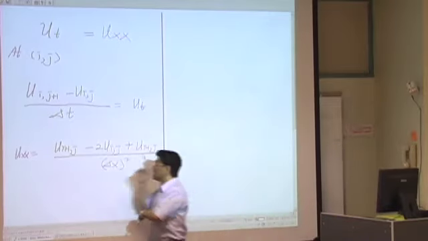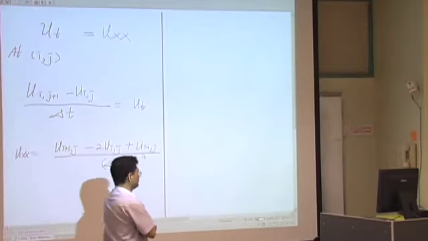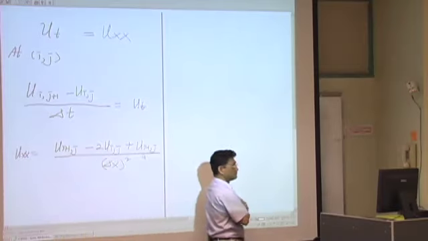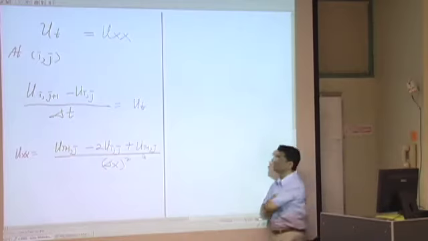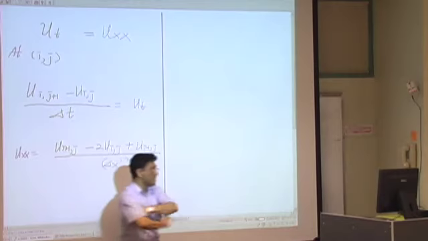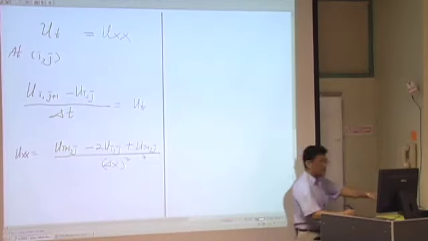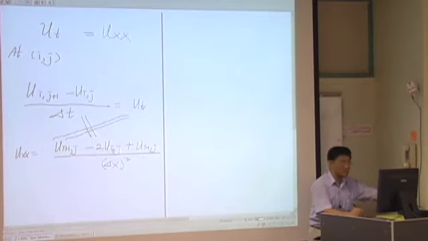Take a look and then ask questions. No questions? Then let's equate this thing. Ut is equal to uxx, given by the differential equation, gives us this relation.